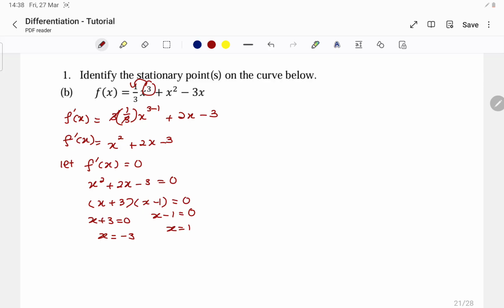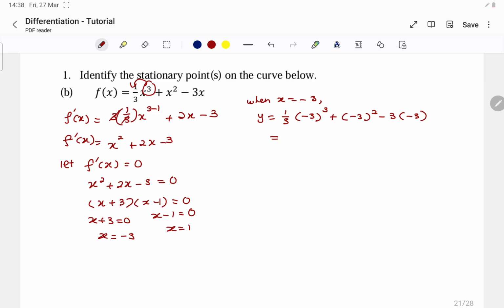And then now what you have to do is substitute this value of x inside y. Easy. So when x is equal to negative 3, what is y? y is 1 over 3 x to the power of 3, negative 3 cube, plus x squared, so negative 3 squared, minus 3 multiply with negative 3.